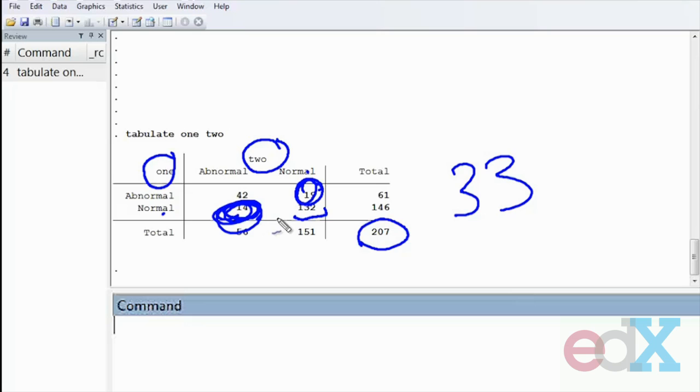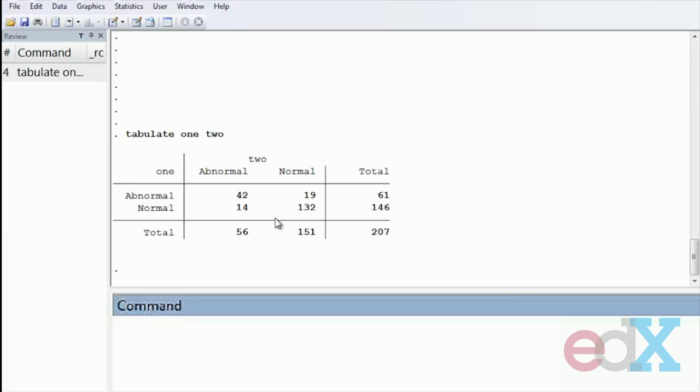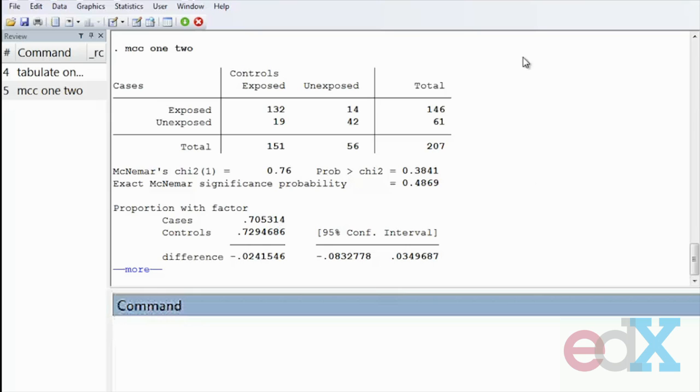So we're going to carry out McNemar's test with alpha equals 0.05. The command for this is mcc. So you're going to want to type in mcc 1, 2. As you can see, you get this nice table that says cases and controls.